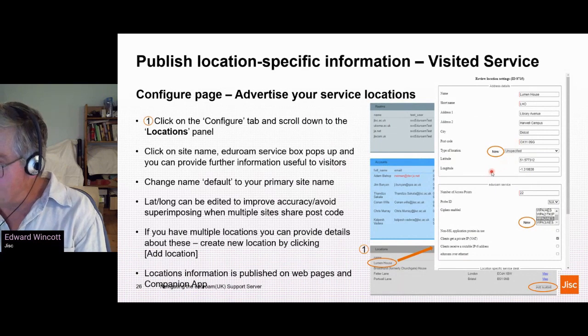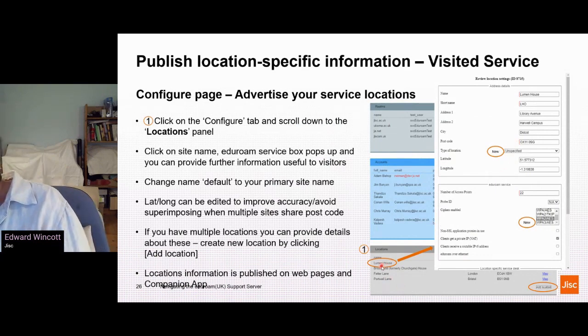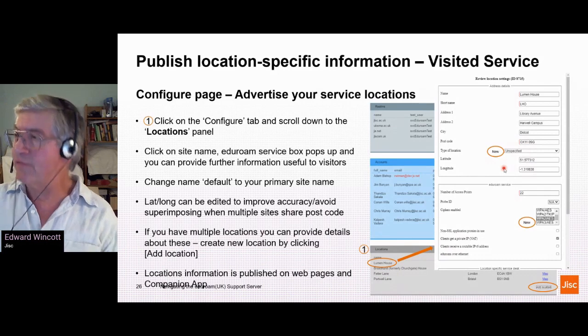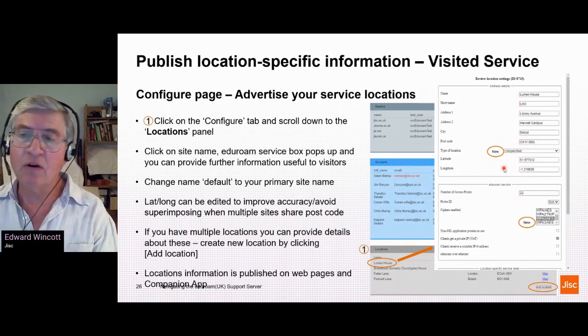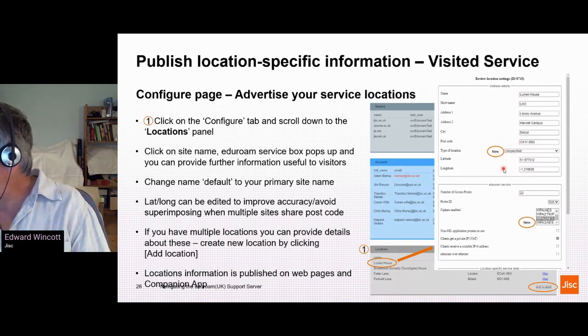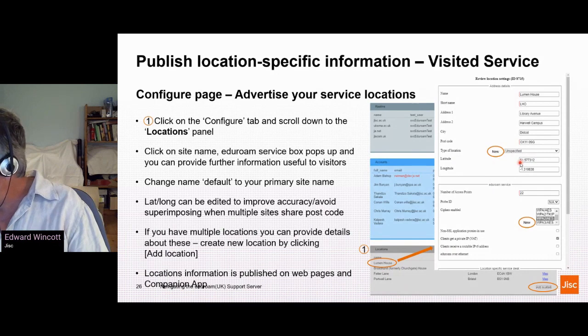If you have multiple sites, there are not any down here, these are all in different cities, but if you had multiple sites sharing the same postcode, the lat long would be the same. And so the pointers on the little flags on the map on eduroam Companion would all be in the same place. To differentiate those, you can come in and do some more granular refining of the lat long. You can tell us about your service down here, the number of access points you've got, the ciphers you support.